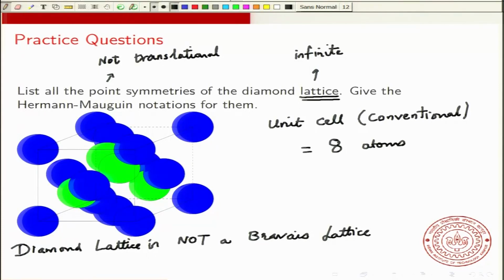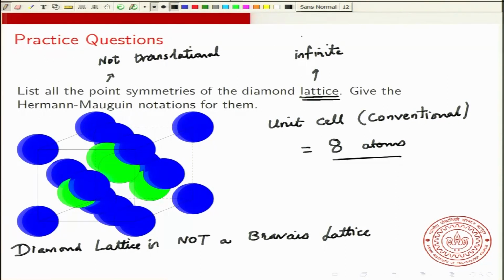There are 4 due to the FCC and 4 due to these green atoms at the tetrahedral voids. So, it has a total of 8 atoms in this conventional cell. Clearly it is not a primitive cell. And in fact, this cell does not even have all the symmetries of the diamond lattice. So, these are things to be kept in mind.